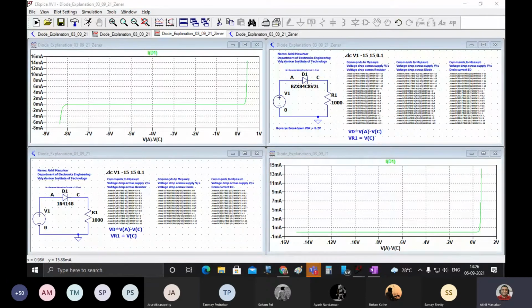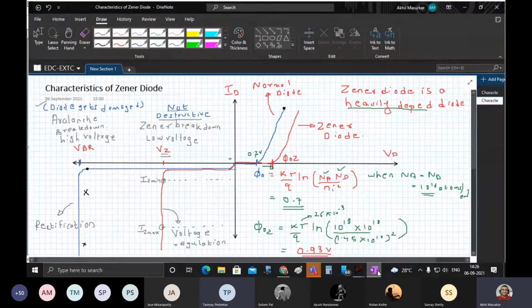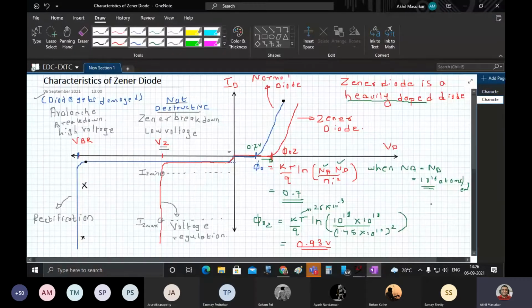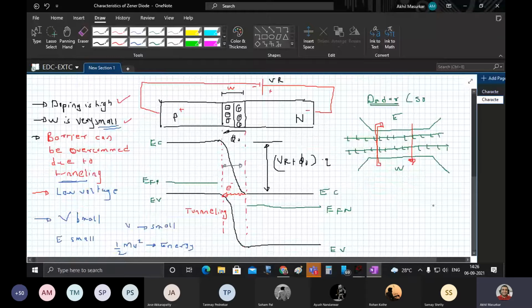You can have two diodes in anti-parallel. Anti-parallel means the anode of one diode is connected to the cathode and the cathode of another diode is connected to the anode. That is okay. Okay, sir, I'll try that. The meaning of anti-parallel is like this. So this is one diode.